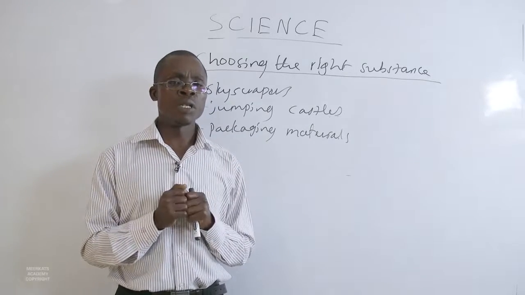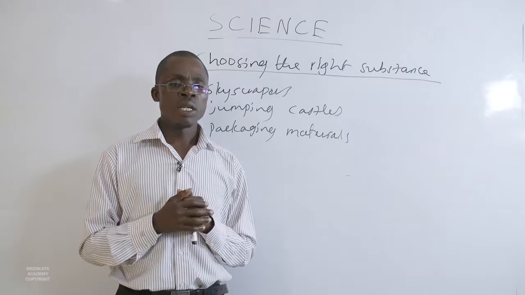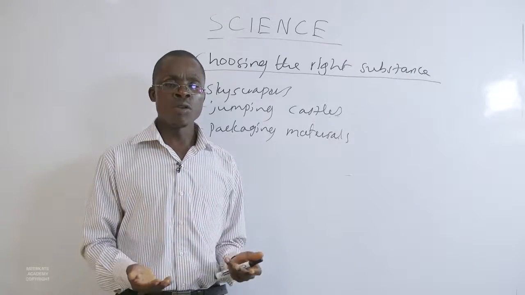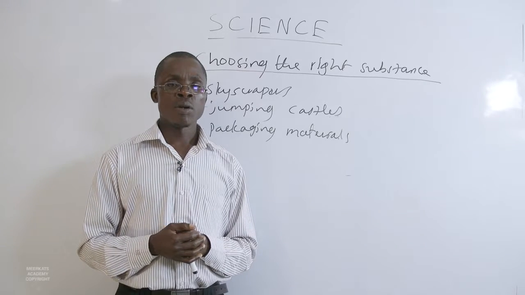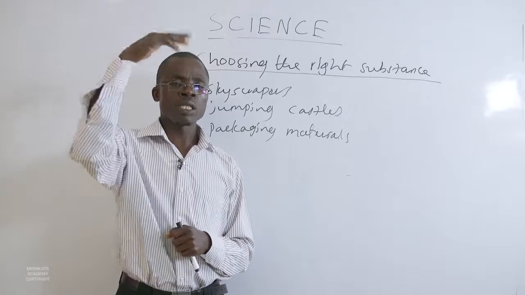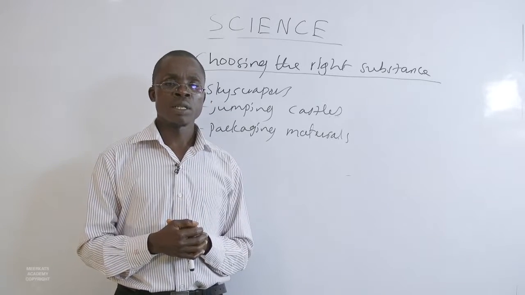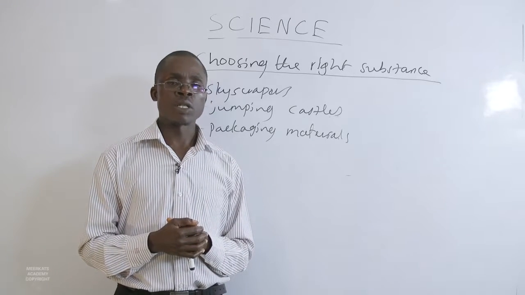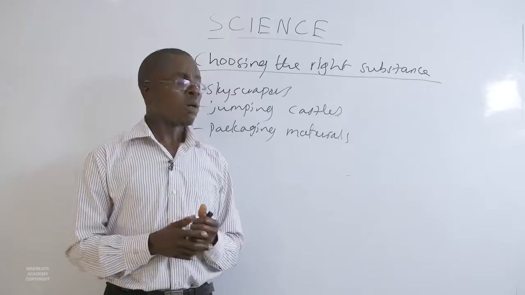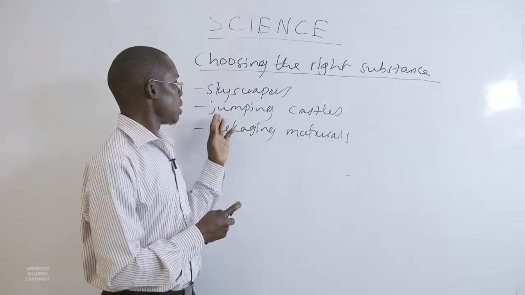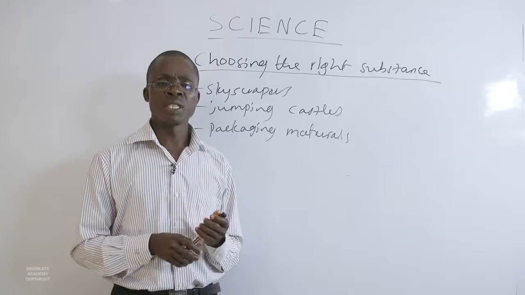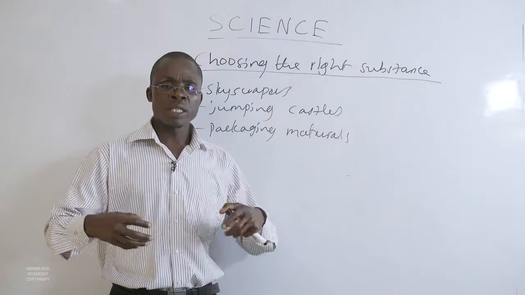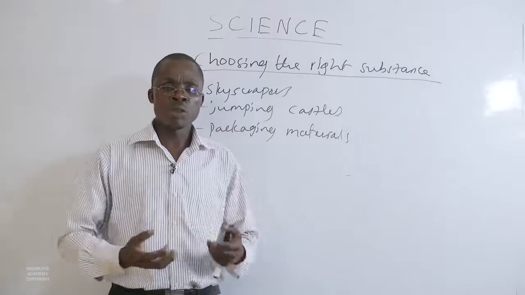If it is a storey building, imagine if the ground floor was weak. Will the second, third floors be held? Not at all. Look at that jumping castle, if you have ever been in one. What is it that has been used to make it?